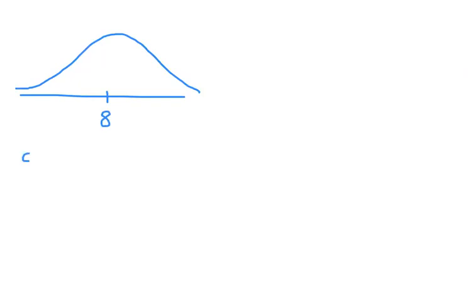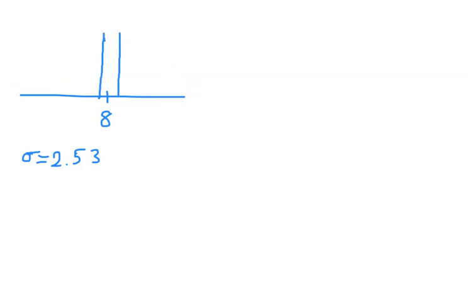In the normal distribution, my mean is 8 and sigma, what I found, was 2.53. I am looking for the area of this part, the bar around the mean.